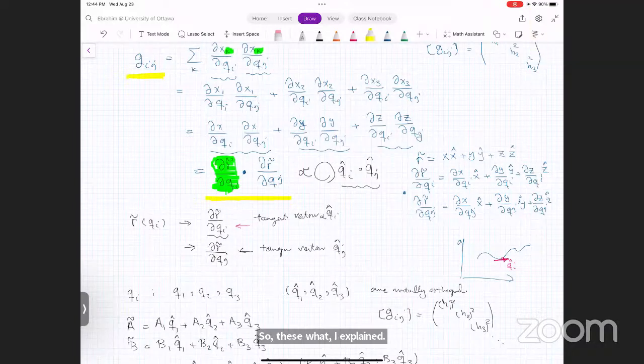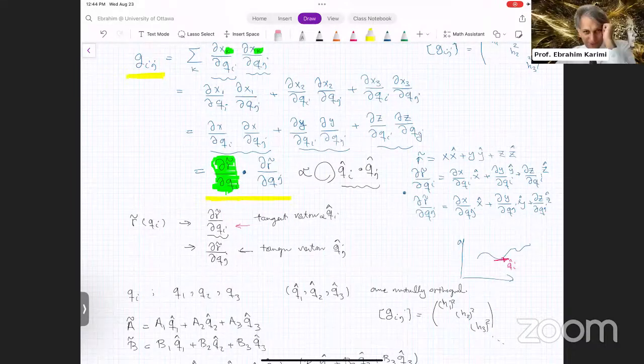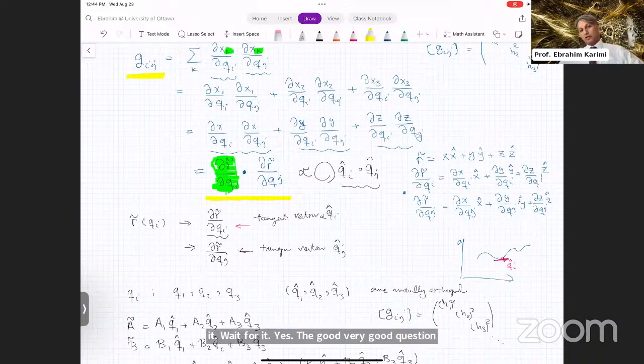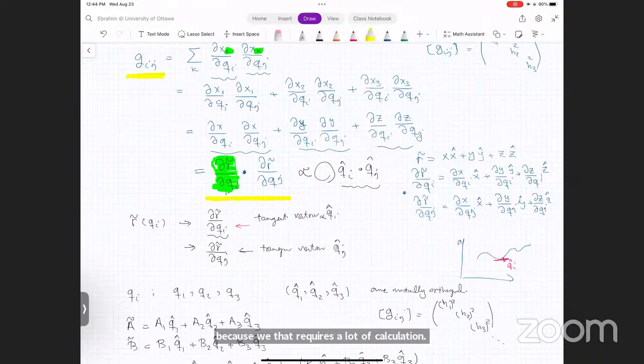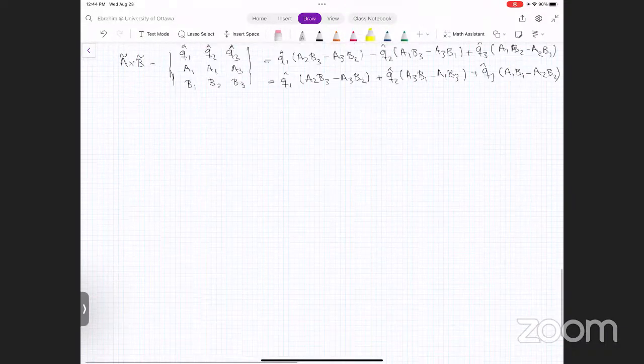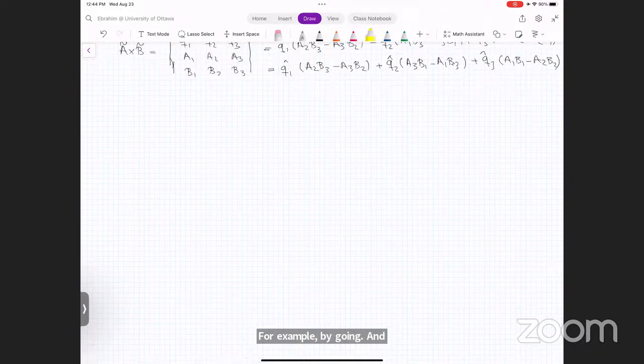Subra asked, please explain the dot and cross products of non-orthogonal coordinates. Wait for it. Very good question, because that requires a lot of calculation. And Amir Hosseini asked, will the dot or cross product change in value by changing the coordinate, for example, by going from Cartesian to spherical?